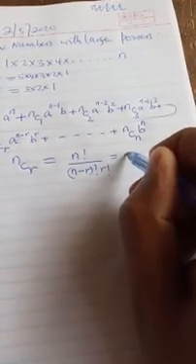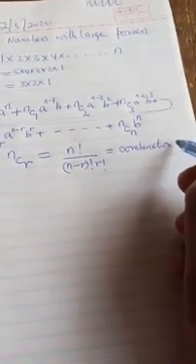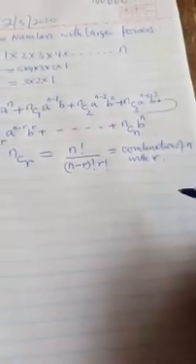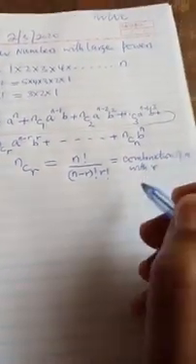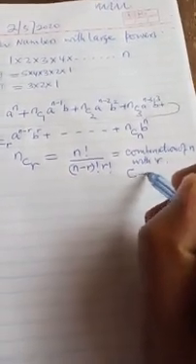This is read as the combination, as I've been pronouncing it, of n with r. That's how we read it. And C represents that combination.